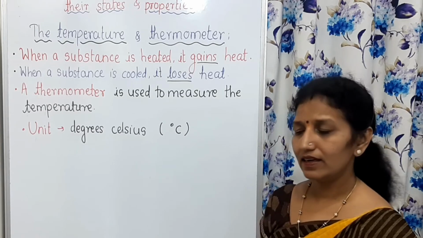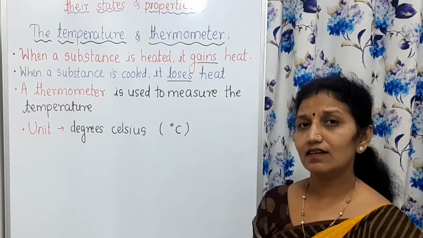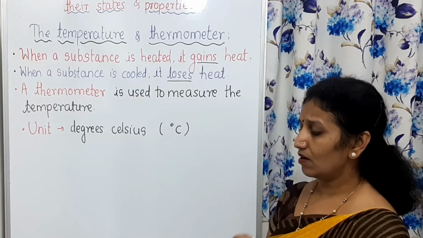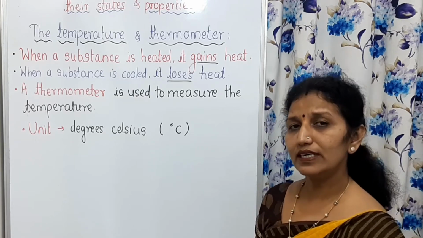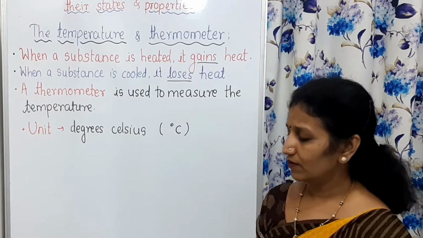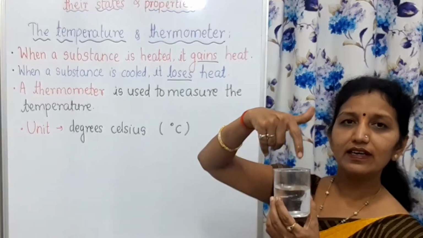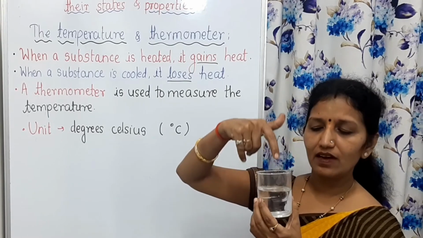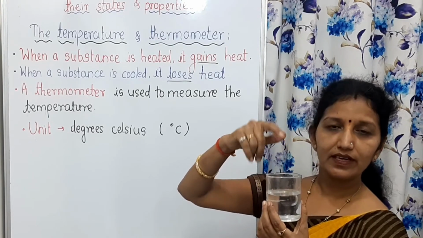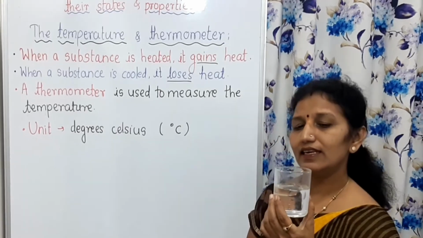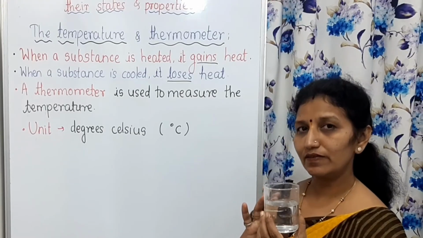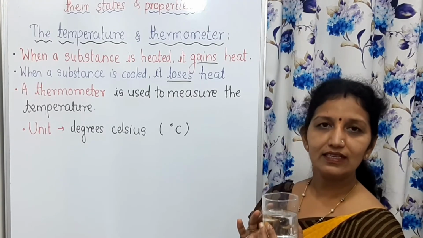Now generally, for seeing the hotness or coldness of an object, what did we used to do? We used to put our finger in that water or any liquid, and then we could see whether it is cold or warm.